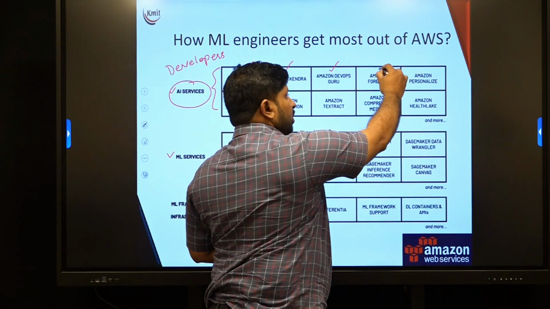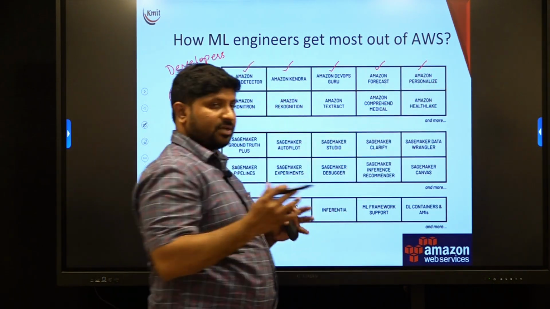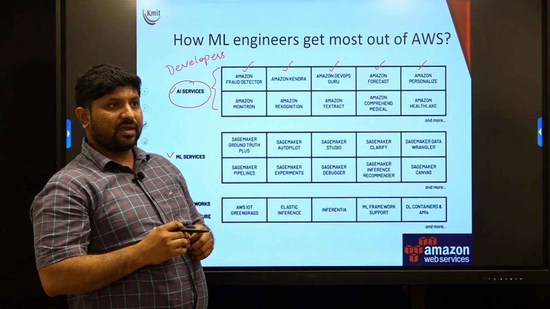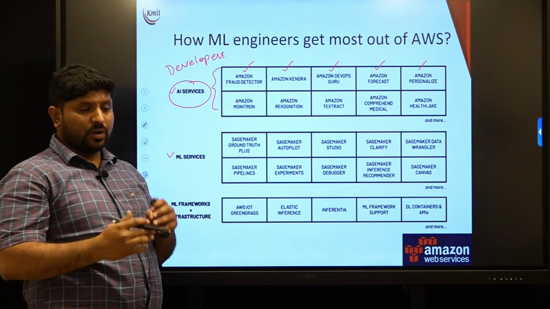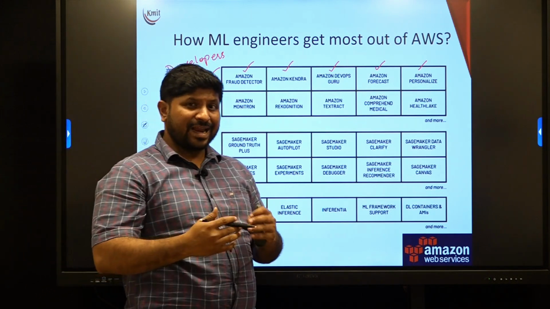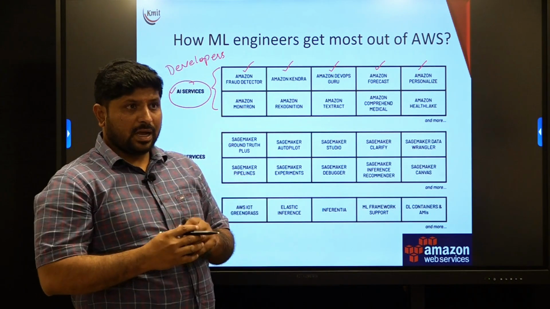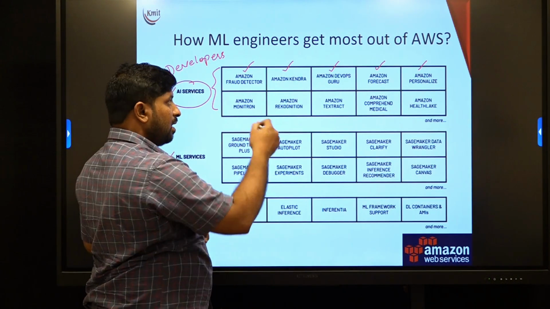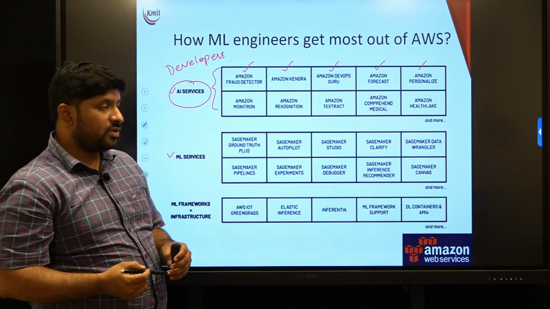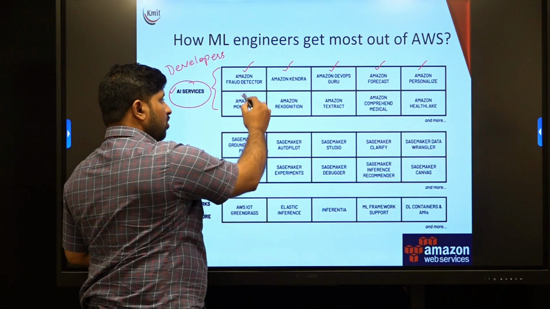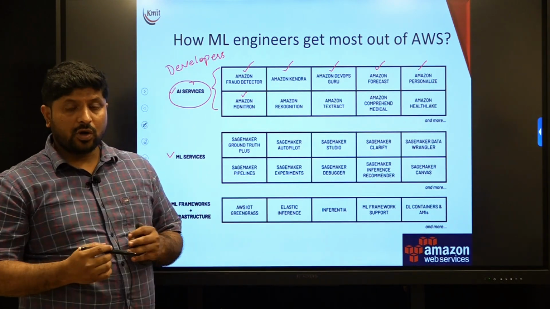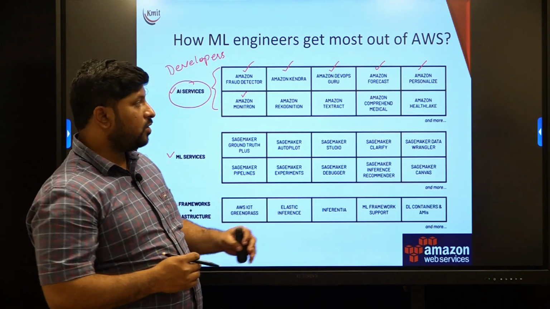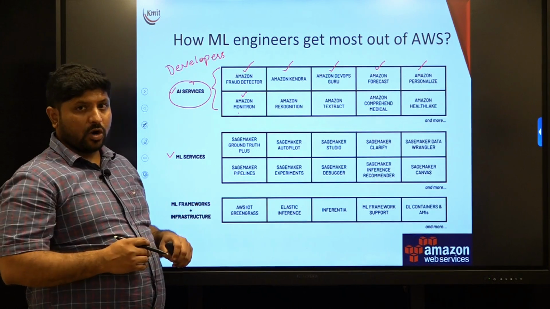At the same time, forecasting and personalizing views on your websites, just like the movies you have watched on Netflix again and again, those are going to be in a stack of personalization. Certain services can be integrated with your application. Not only that, Monitron, where if you want an automatic monitoring mechanism for your industrial equipment, then you can integrate Amazon Monitron.